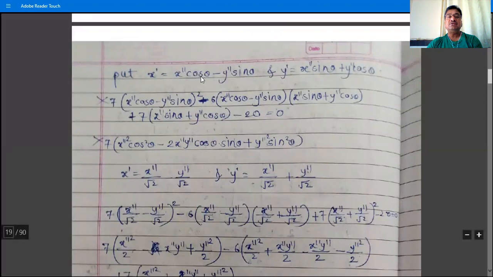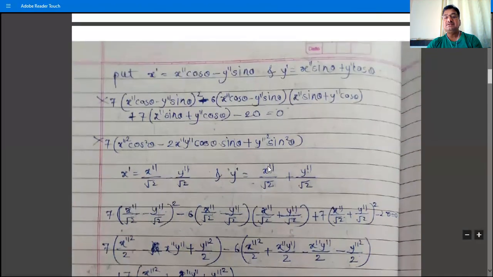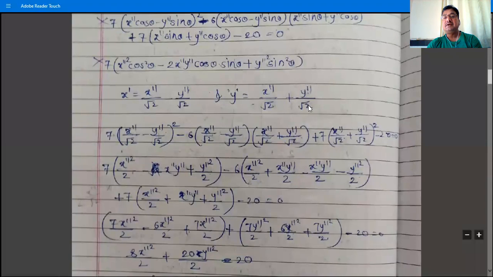So x' is equal to x'' cos pi by 4 minus y'' sin pi by 4. Substitute theta as pi by 4, and the value of cos pi by 4 and sin pi by 4 as 1 by root 2. We have x' is x'' by root 2 minus y'' by root 2, and y' is x'' by root 2 plus y'' by root 2.